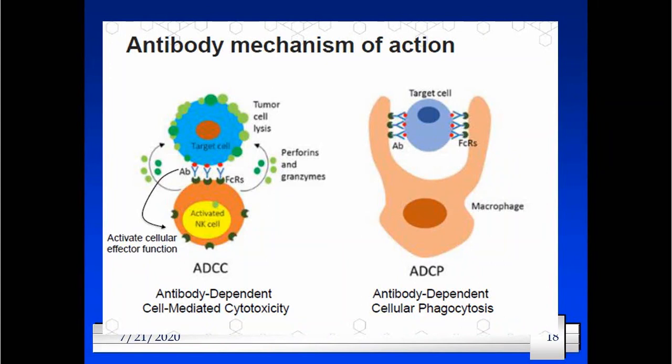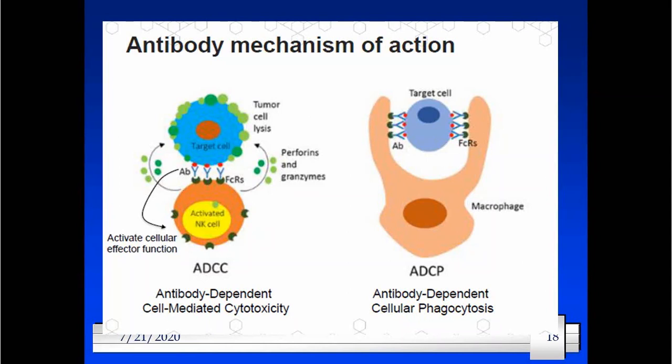When the antibody is bound to the specific tumor cell, again the antibody has a receptor on the natural killer cell, so this natural killer cell will adhere to and bind to the tumor cell via the binding of this antibody with the Fc receptor on the cell surface of the natural killer cell. This will lead to the activation of the natural killer cell.